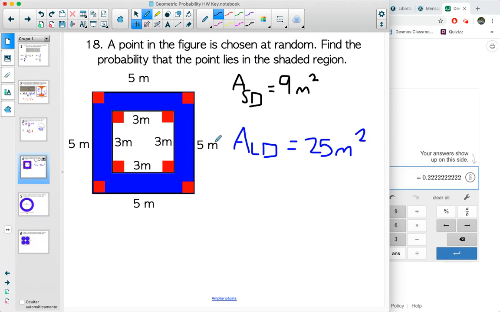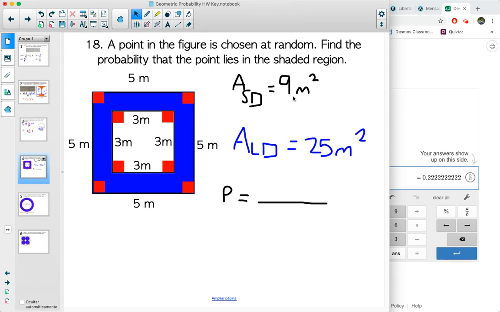Remember, probability is a fraction. So on the numerator, we want to know the chances of the event occurring. And the event is that the point is in the blue ring as opposed to the whole square or the white square.